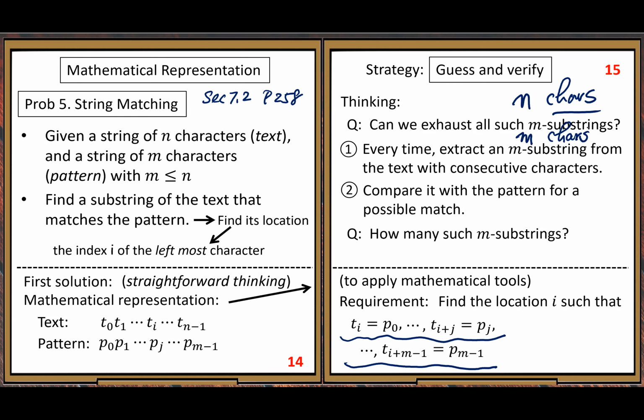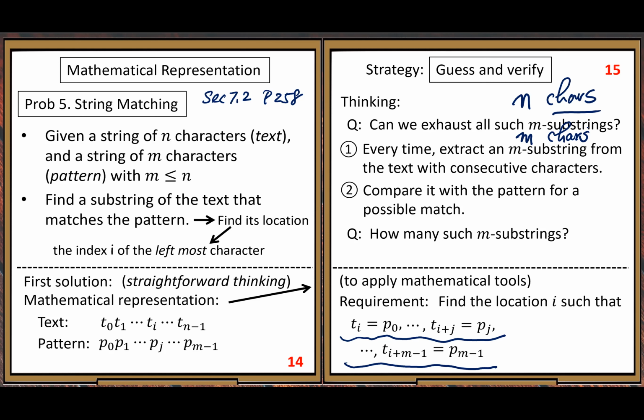Using these two numbers, N and M, you know you just move one character to the right every time. You start from index 0, then after one string comparison, you move one position to the right until you reach the last M substring.